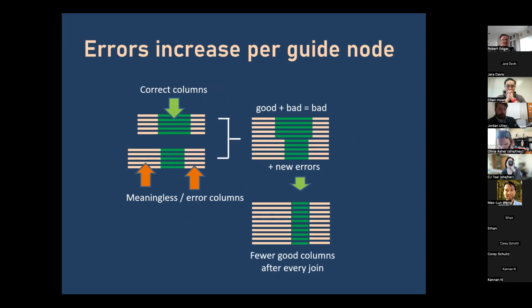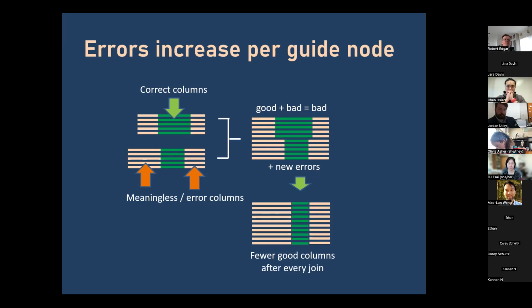And this is a problem for phylogenetics because, if you have a more challenging alignment, every time you make one of these joins, the quality goes down. You have fewer and fewer correct columns or good enough columns.